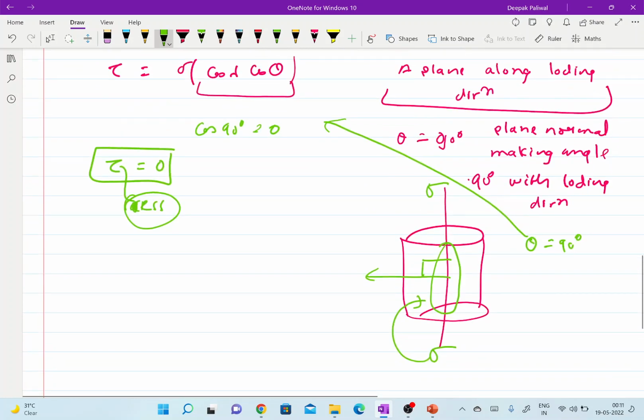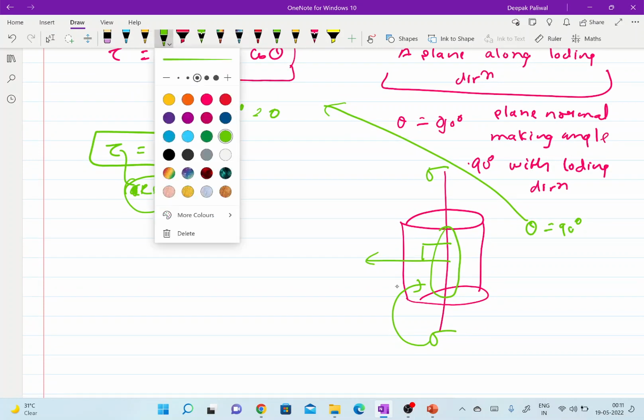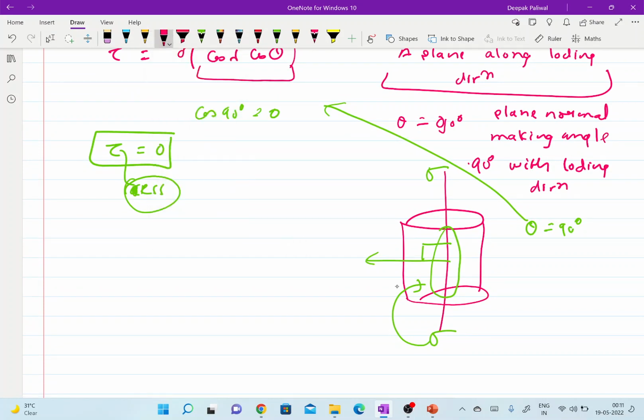Again, I am taking another example, in which I am taking a plane perpendicular to the loading direction.